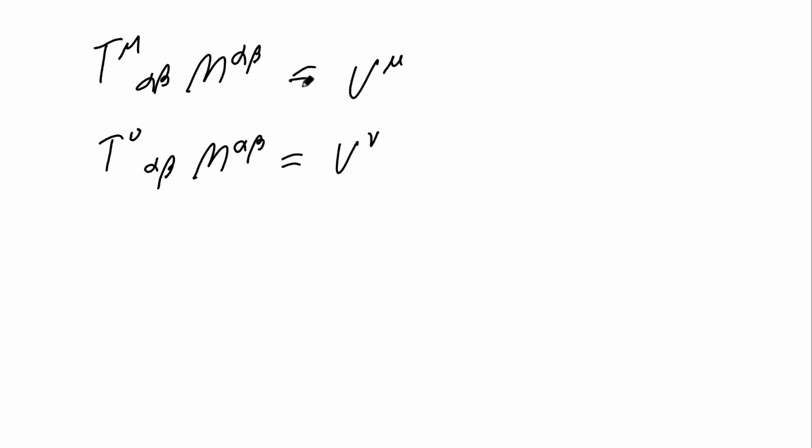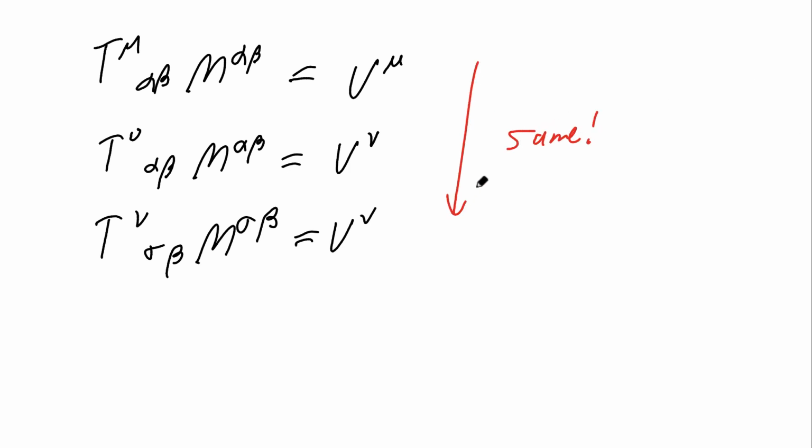It's the same equation. And likewise, we have a repeated index alpha here, which just stands for a sum from 0, 1, 2, and 3. So we could write this as, say, T nu sigma beta M sigma beta equals V nu. This is the same equation. These are all the same equations.